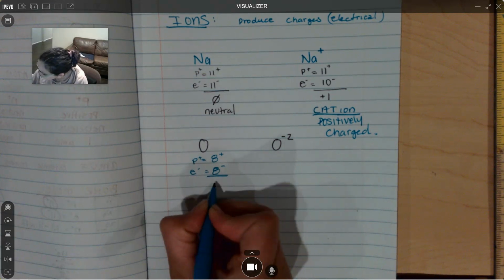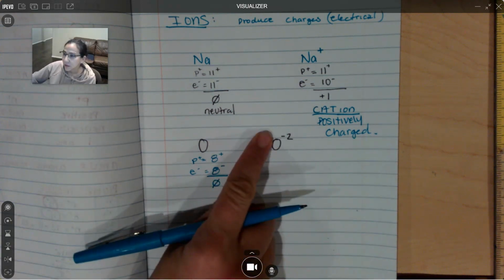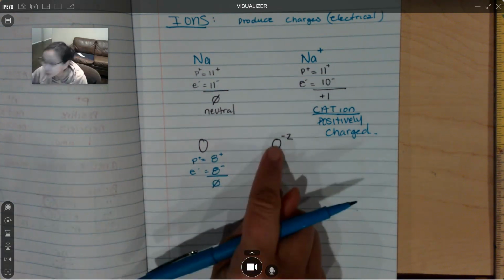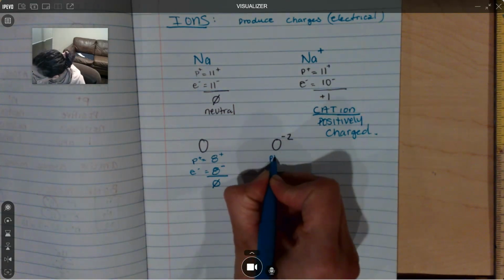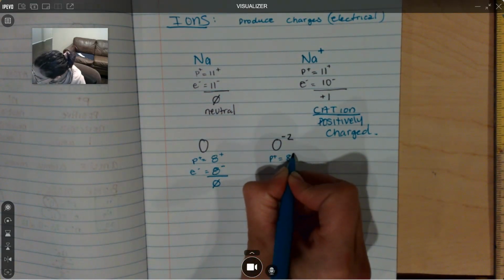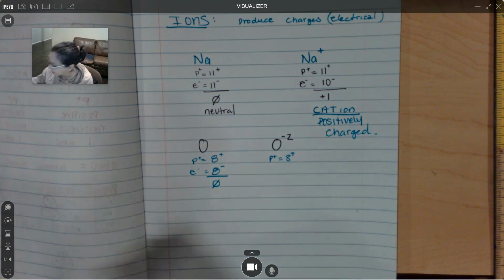These combine to get a total charge of 0. Right here, this oxygen is negative. It has a negative 2 charge. So protons doesn't change, and I'll tell you why not. If you change the number of protons, you change the element itself.